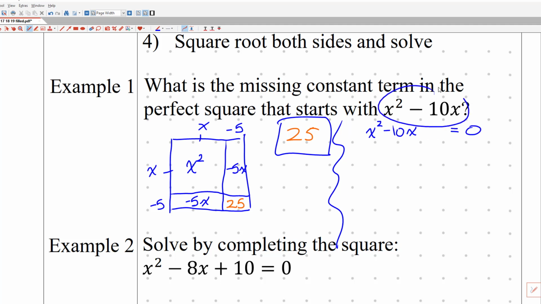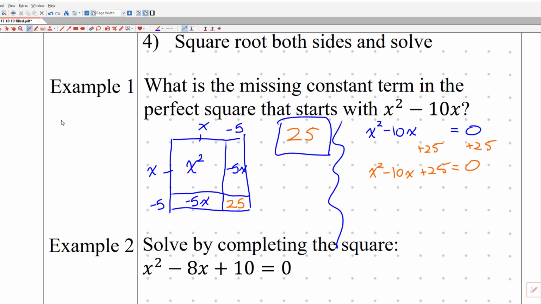Maybe that was a problem instead of just asking what is the constant term. What I'm essentially saying here is, I'm going to add 25 to the left, and because it's an equal sign, I have to add it to the right to make sure that the equation is balanced, which would mean I have this new equation, x squared minus 10x plus 25 is equal to 0, which seems like it doesn't satisfy our goal.